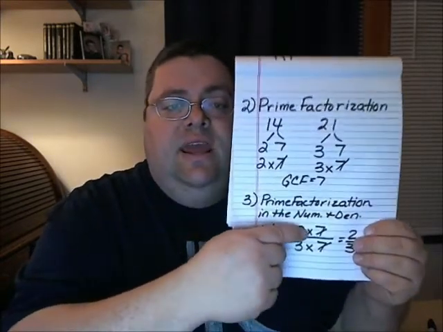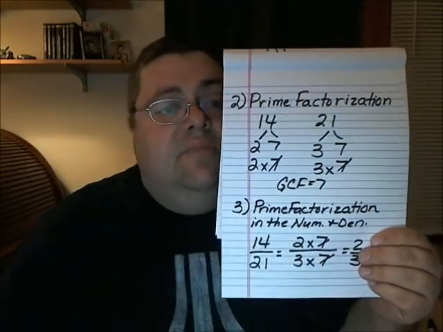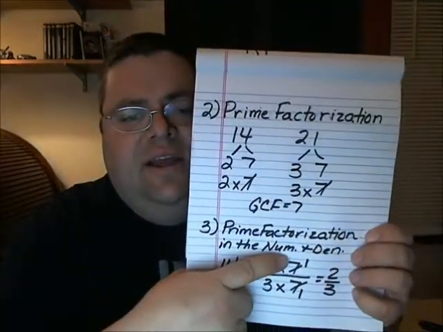So I can take, for example, the fact they have a 7 and a 7 alike, and I'm going to cross the 7s out. But in truth, what we're really doing is we're saying 7 divided by 7 is 1. So if you want to think of it that way, what we really did is we turned those two 7s into 1s. They canceled each other out, if you want to think of it that way, because they were alike.